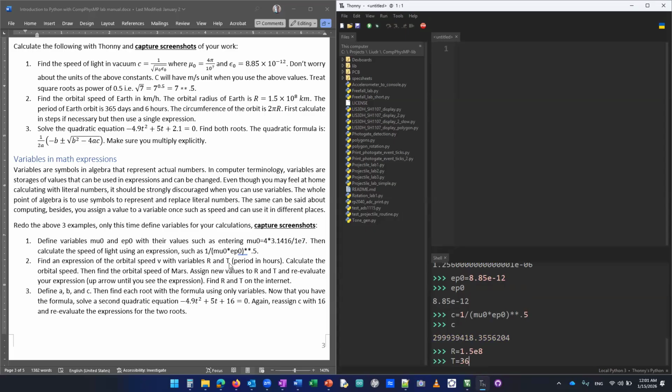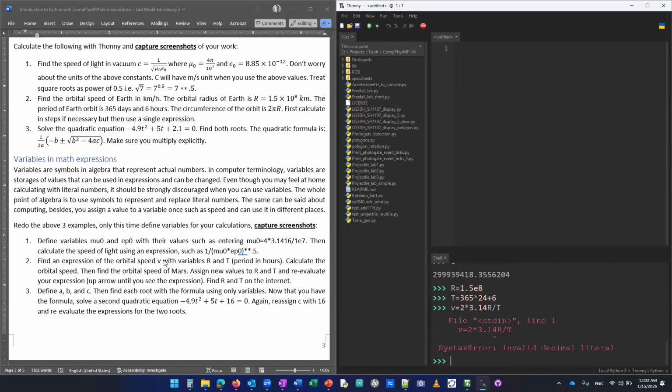So 365 days, 24 hours a day, plus an extra 6 hours. So that's that and that. So we can say v is equal to, did I say upper or lowercase? Lowercase. v is equal to 2 pi r, so that's the total distance, over t.